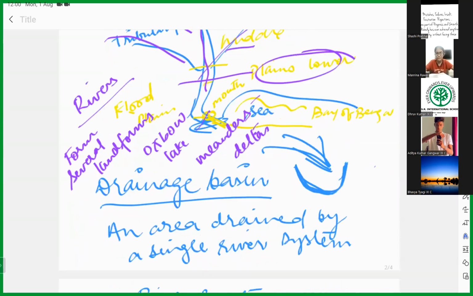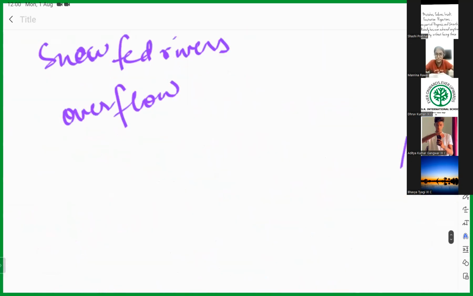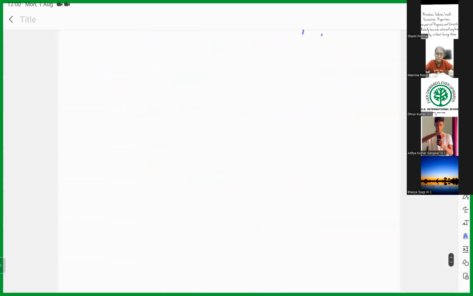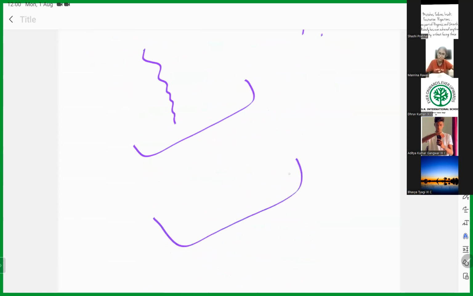Now I'll show you a diagrammatic representation. See, this is river water flowing. This is one stage, this is another stage, and this is the lower stage. It is flowing.